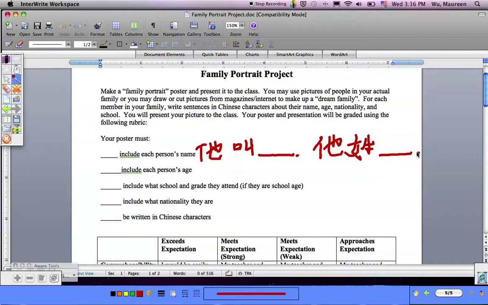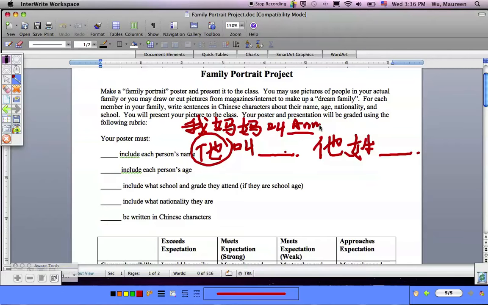And you should know which one is the last name, which one is the first name. Maybe instead of saying he is called something, they said, 我妈妈叫. My mom is called maybe Anne. 我爸爸叫 Bob. Okay, something like that.